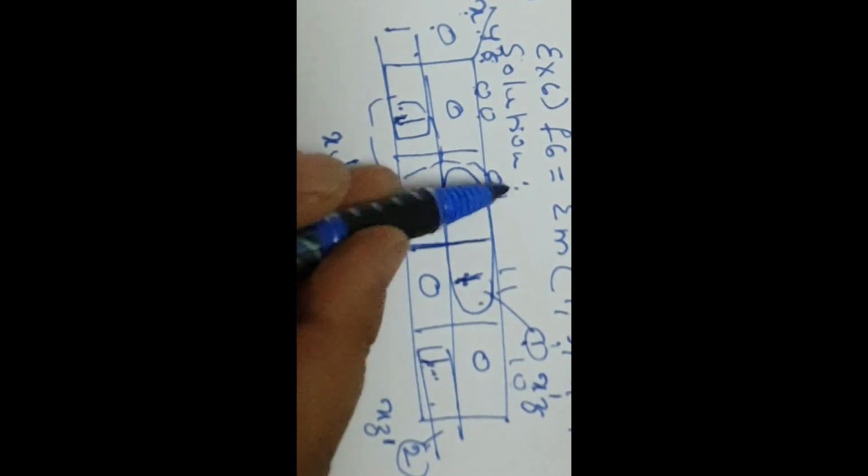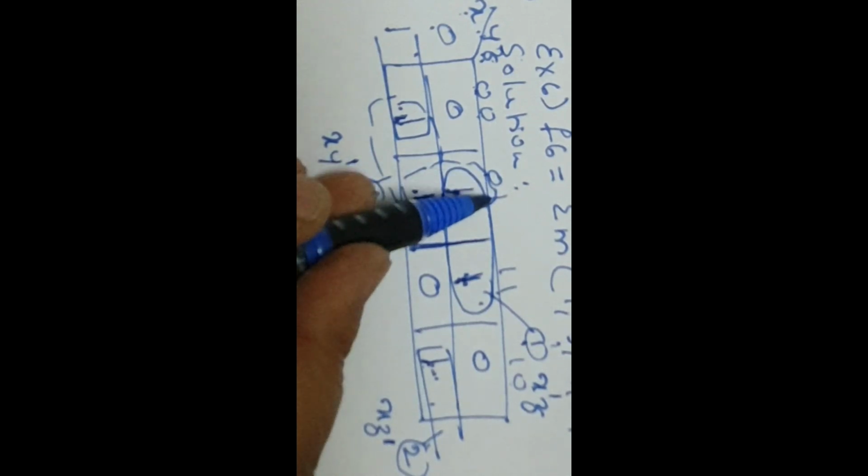Now the fourth one, if you take this group, two ones in this row and this row, x is 0, x is 1, row wise nothing is common, leave it. These two ones fall in a single column, 0, 1 is common, 0 corresponds to y, that is y dash, 1 corresponds to z, that is z, so y dash z, right?